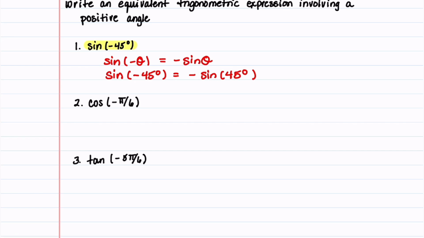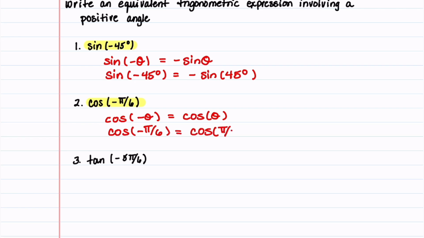Our second example is cosine of minus pi over 6. We'll use the identity that cosine of minus theta is cosine of theta. This tells us that cosine of minus pi over 6 is the same as cosine of pi over 6. Our last example is tangent of minus 5 pi over 6.